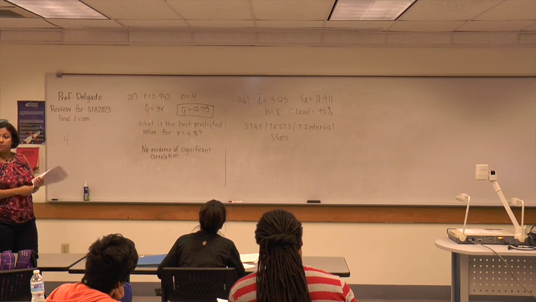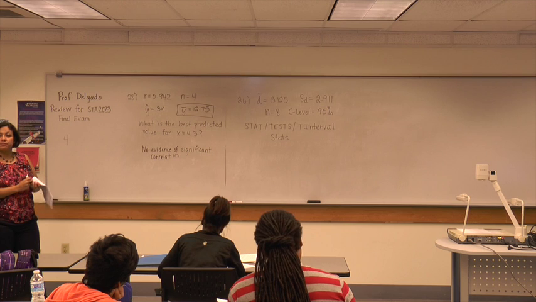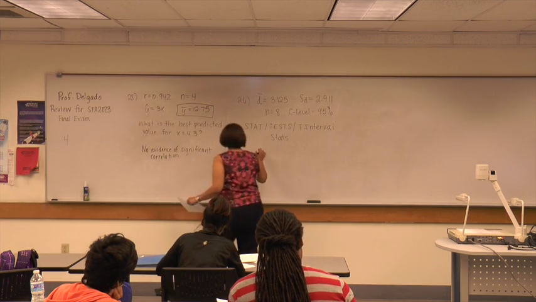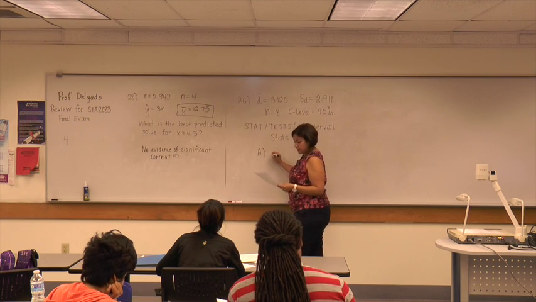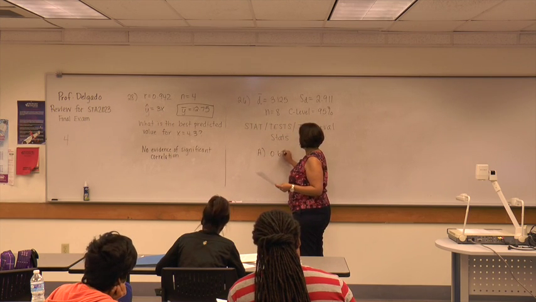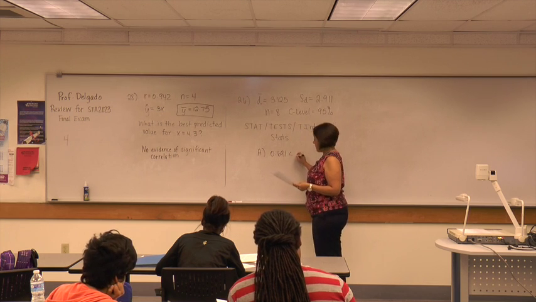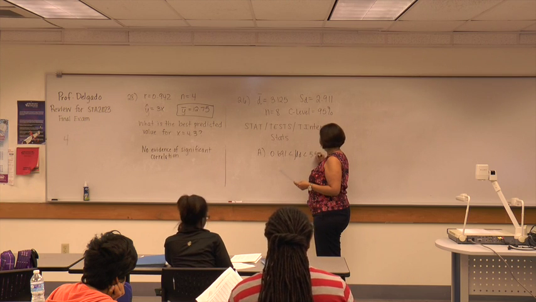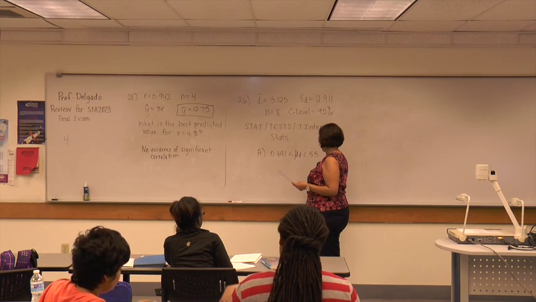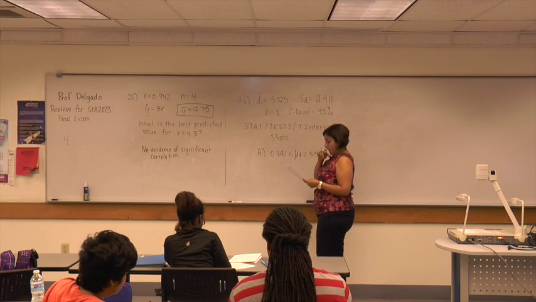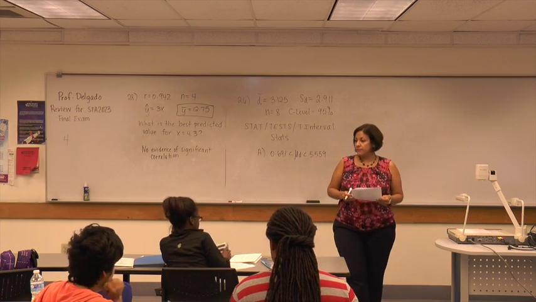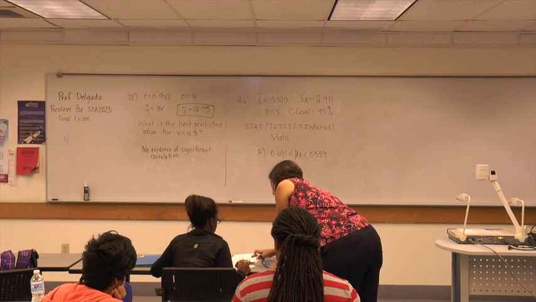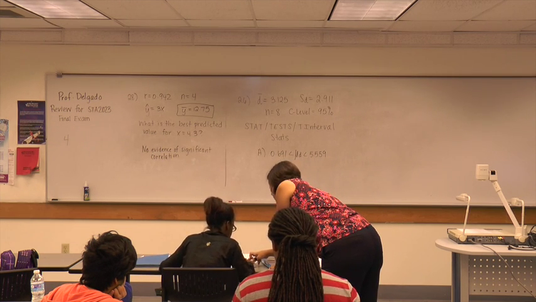So what do you get for that one? Letter A. You don't have a list, you have the summary statistics. So you want to go over here where it says stats.